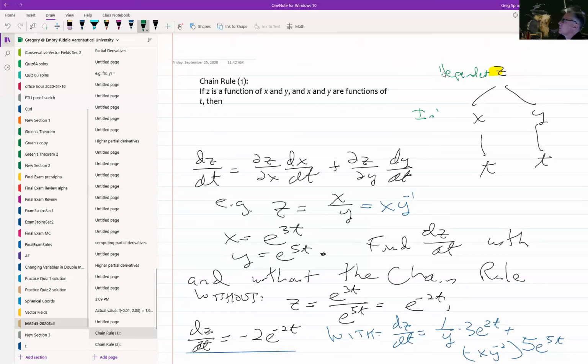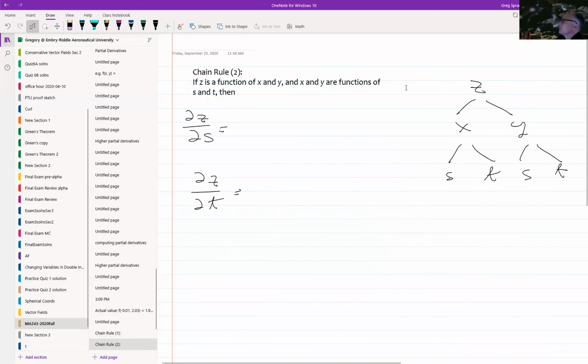X and y are the intermediate variables. And t is the independent variable. Here, z is the dependent variable. It depends on everything else. S and t are the independent variables. And x and y are the intermediate variables.